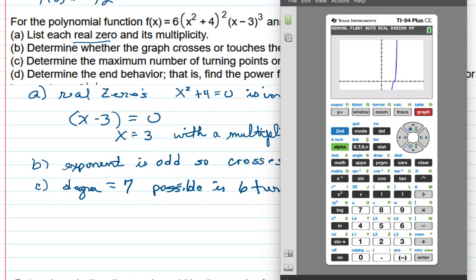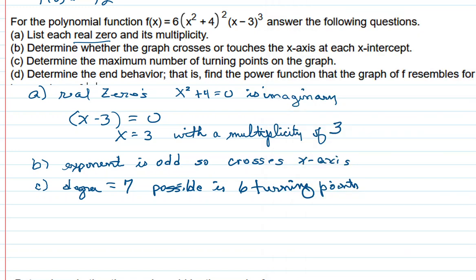That's 2 turning points. Well, it's not visible. So that's how I did it. Mathematically, 5 from the 7 because of the multiplicity. Okay, well, I was right. I didn't even think about that for this one.